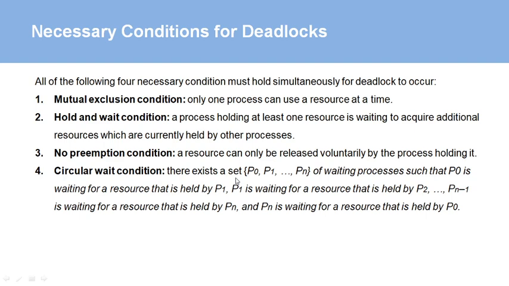There exists a set of processes P0 to Pn such that P0 is waiting for a resource held by P1, P1 is waiting for a resource held by P2, similarly Pn-1 is waiting for a resource held by Pn, and Pn is waiting for a resource held by P0. This is known as the circular wait condition, and these are the four necessary conditions for deadlock.